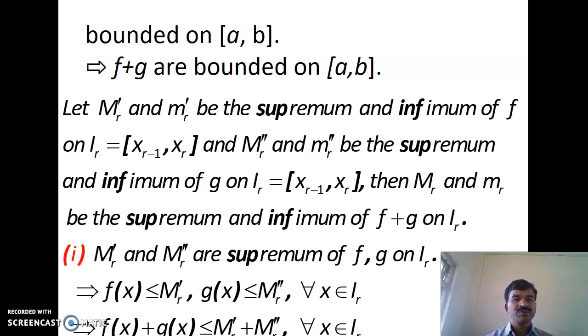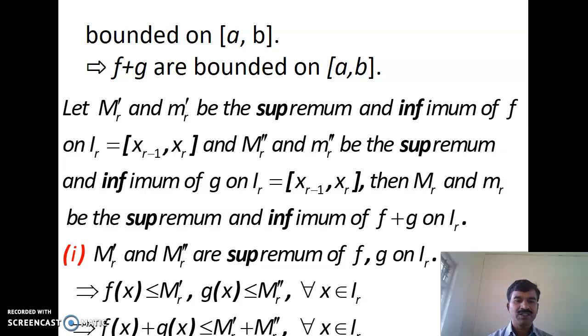Let us assume that M_r' and m_r' are the supremum and infimum of f on the subinterval [x_{r-1}, x_r], and M_r'' and m_r'' are the supremum and infimum of g on the subinterval [x_{r-1}, x_r]. Then M_r and m_r are the supremum and infimum of f plus g on that subinterval.